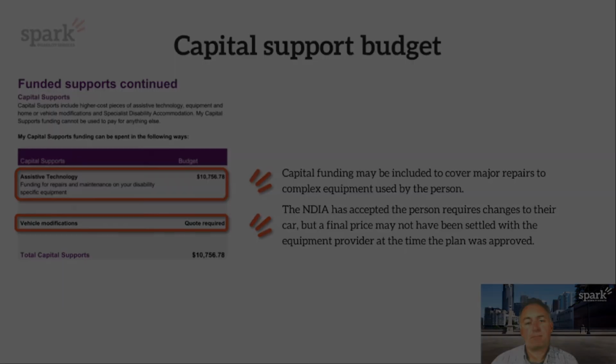The information I've provided here and the example that I've gone through is an individual example. It's only one possible way that a person's plan might have been set up and approved by the NDIA.